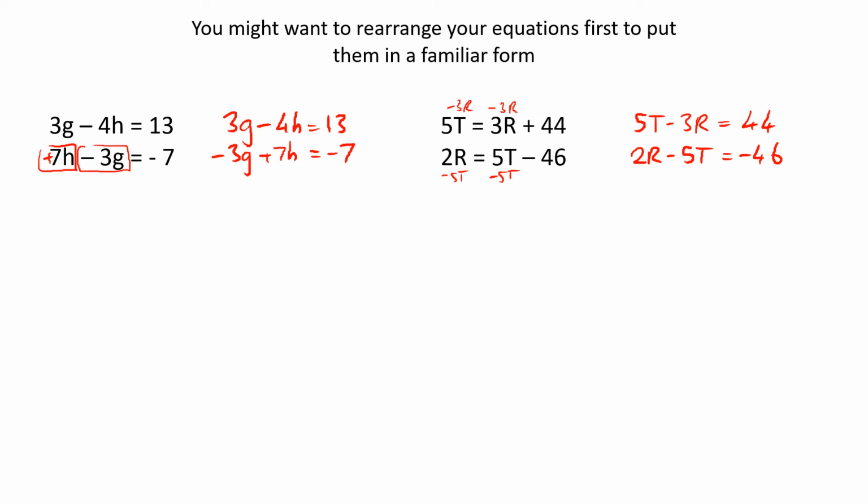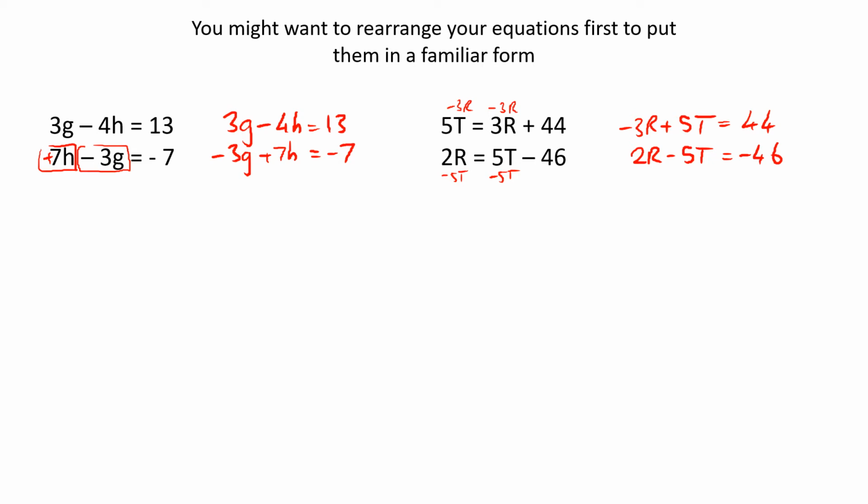And I might want to rearrange maybe this one, or actually let's do the top this time. I might want to swap the order here. So I'll move my minus 3r to the front and my 5t to the back. So let's do that. We'll have minus 3r plus 5t is 44.